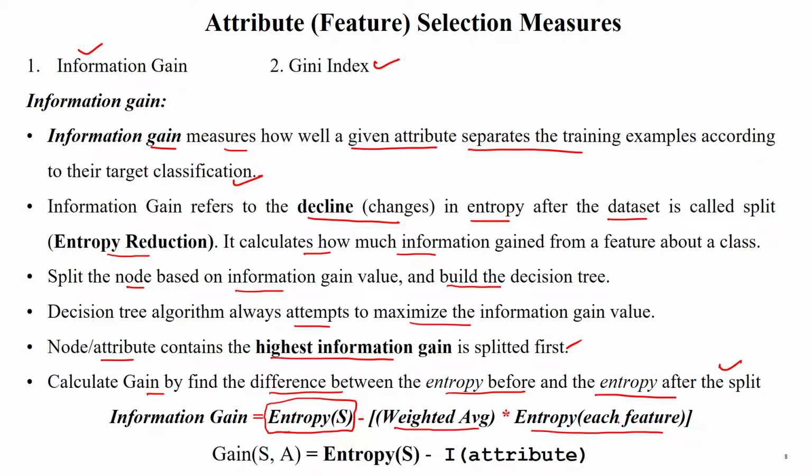So this is the information gain, represented in the notation of entropy of S minus the information which is gained for that particular attribute A.